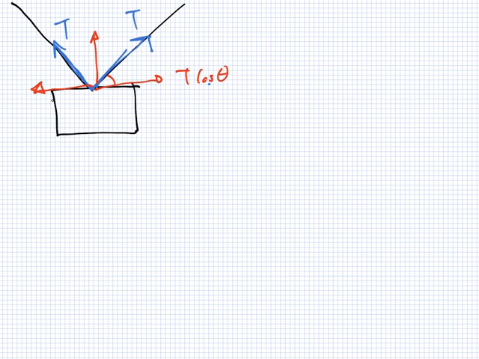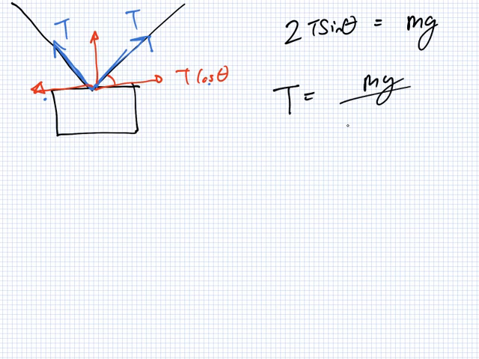So this one should equal that. Of course it does, because T cos equals T cos. But what we can say is the 2 on the top, 2T sine theta, what should that equal? mg. So now I can get T is mg over 2 sine theta.